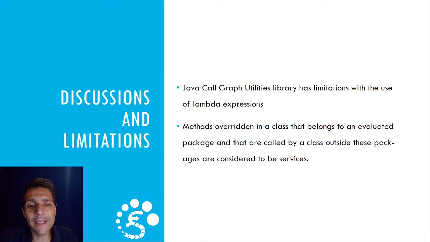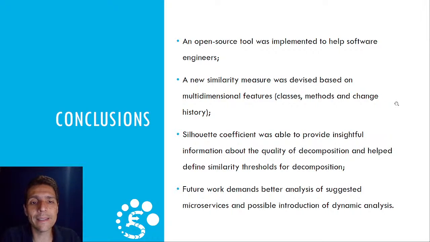So it didn't see that this method actually belonged to maybe a larger scope, a microservice or larger scope. So this was a limitation as well. Mainly the limitations of our work were based on the static analysis itself.